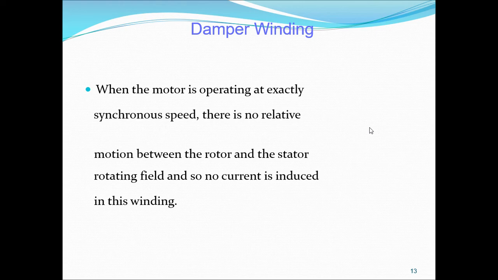Anyone can guess? Yes, it is the difference between synchronous speed and the rotor speed. That is Ns minus Nr. Ns is the synchronous speed. Nr is the rotor speed. The difference between the two speeds is called relative speed. So Ns minus Nr is 0. Then no current is induced in this winding.